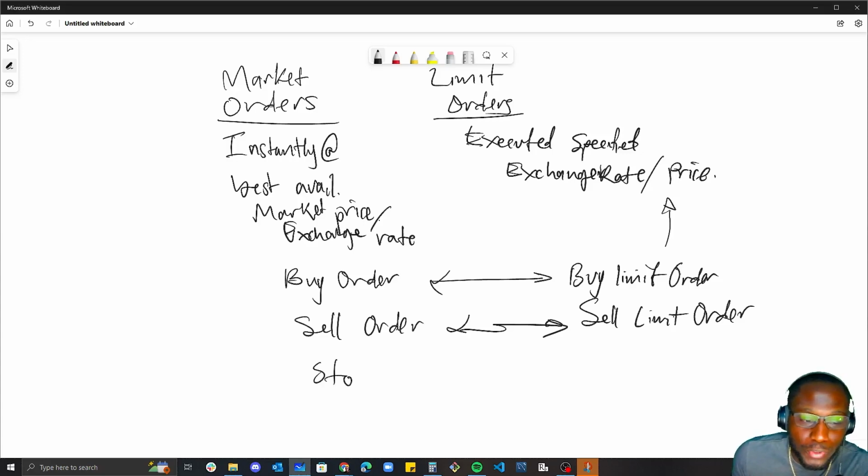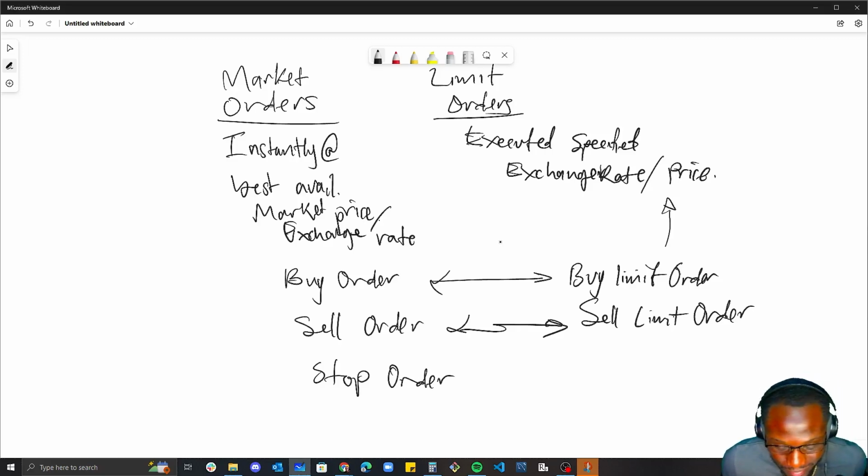A stop order is basically an order that limits your maximum drawdown. You should always place a stop order when you place a buy and sell order. You have to place them in conjunction.